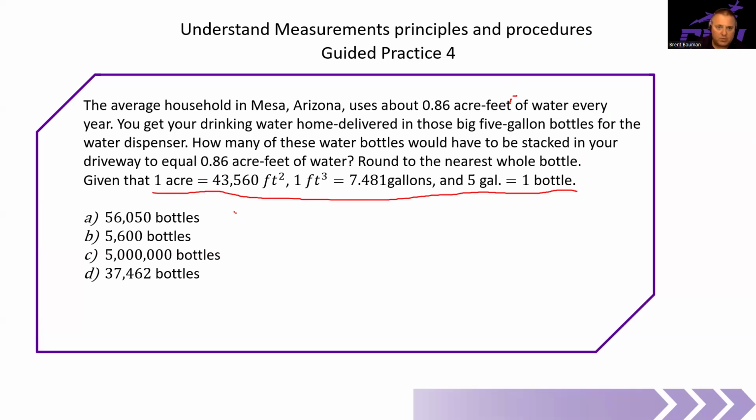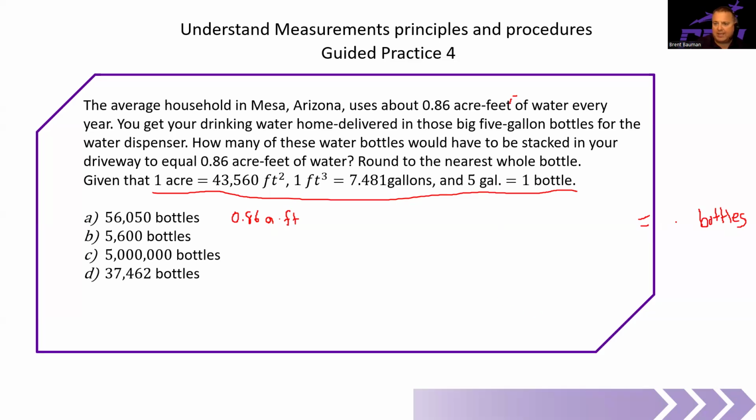So we are starting with 0.86. I'm going to use A for acres and FT for feet. And we're trying to get to a number of bottles.